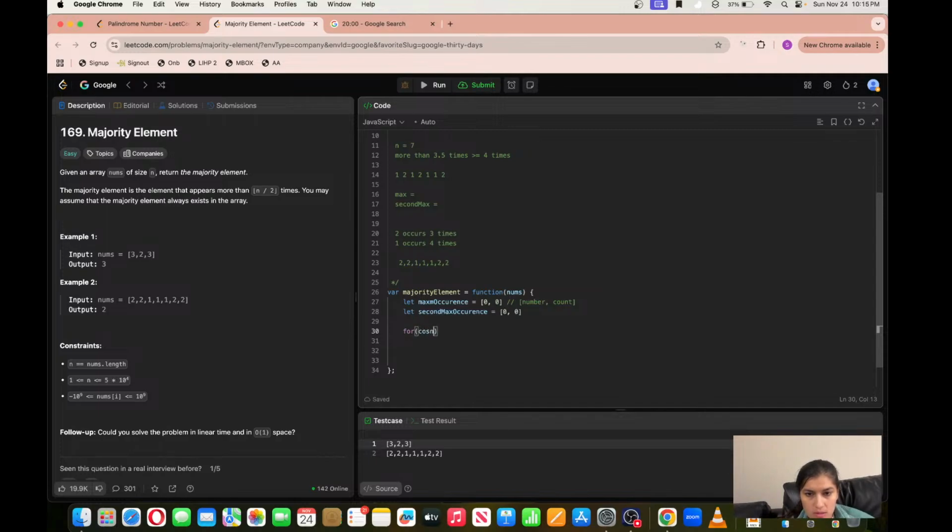So for let constant num of nums. So there is maximum and second max, right?